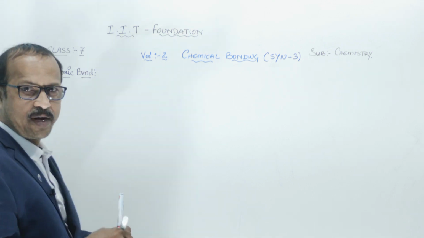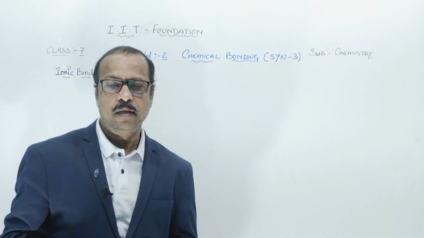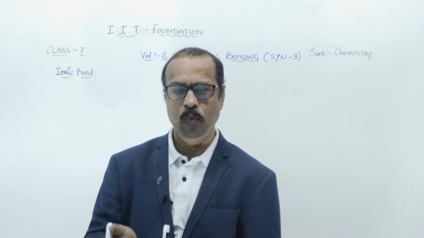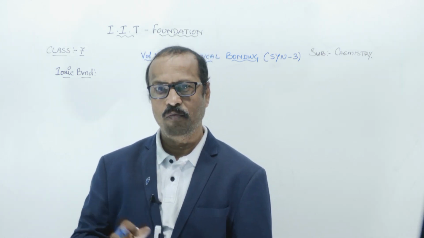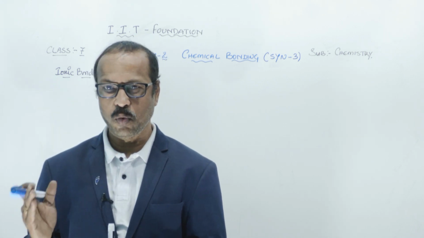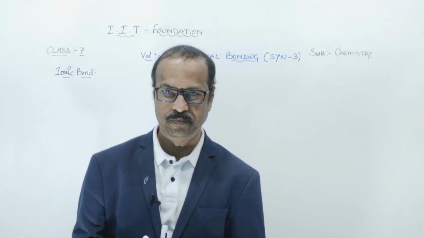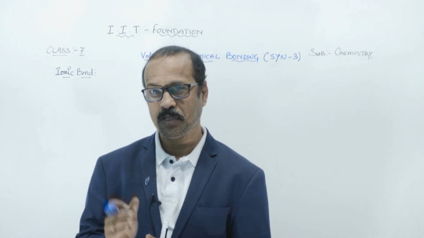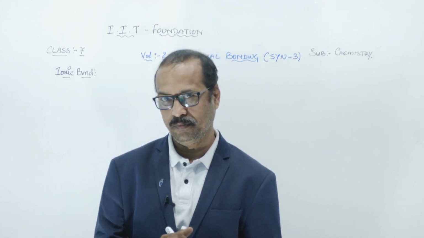Ionic bond can be defined as the bond formed by the complete transfer of one or more electrons from one element or one atom to another. Generally, this transfer of electrons takes place from metal to non-metal.